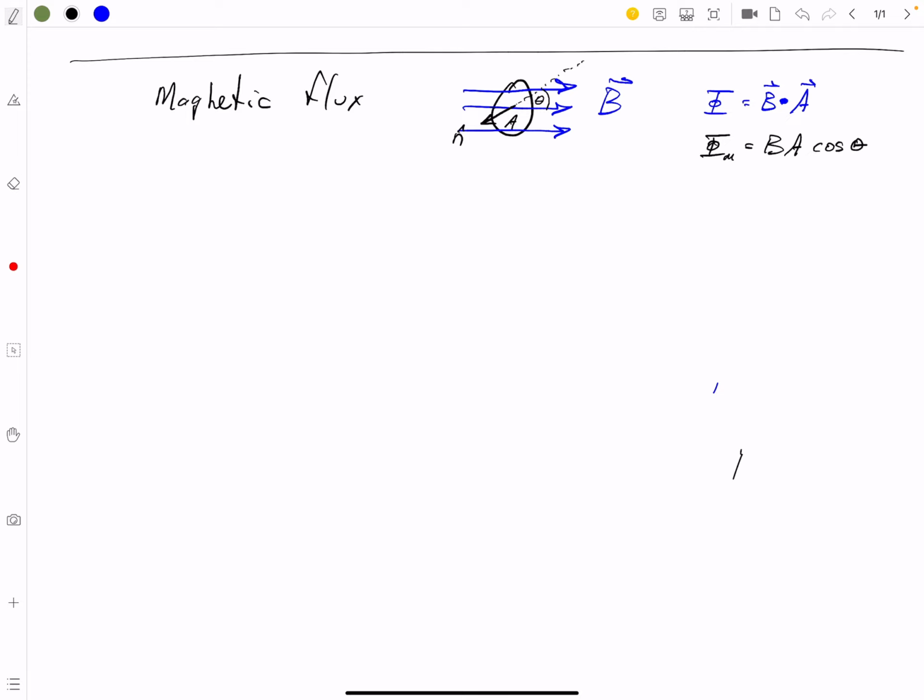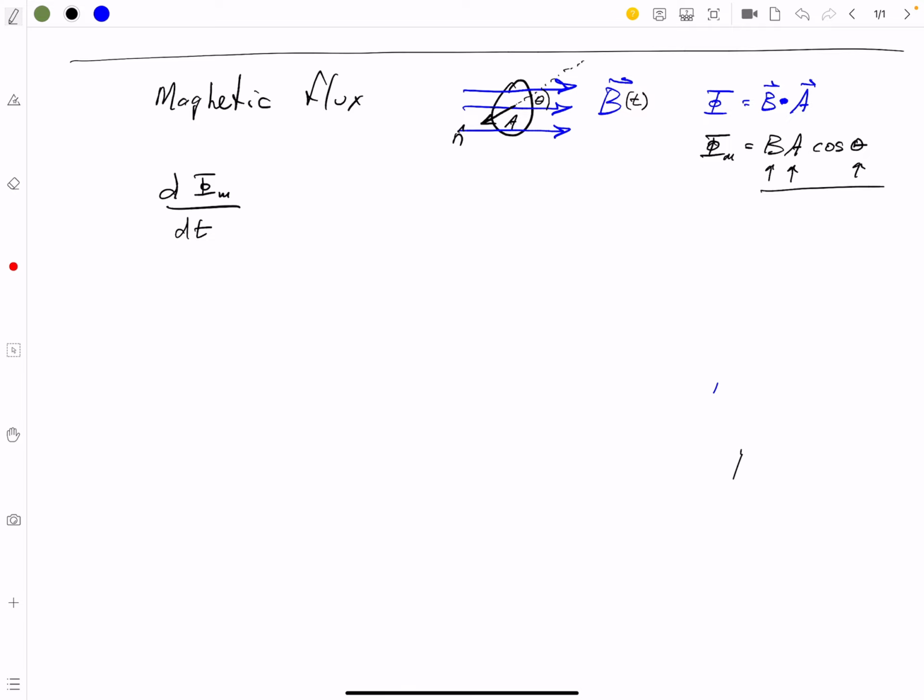Our change in magnetic flux with respect to time can then be calculated, and that would be either a change in the B field, because maybe the B field is a function of t, maybe the area is a function of t, or maybe it's rotating. This area is rotating, or the B field is rotating, and the area is staying still, but it doesn't matter.